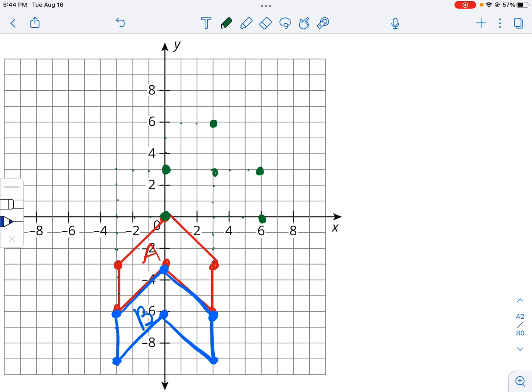And then I draw my picture. And I get C.